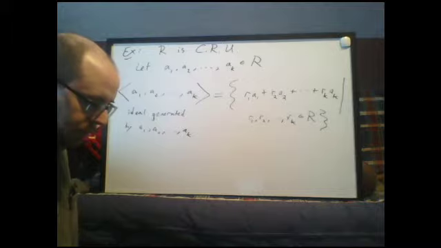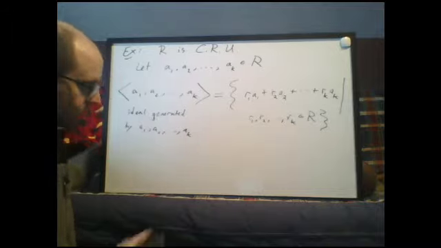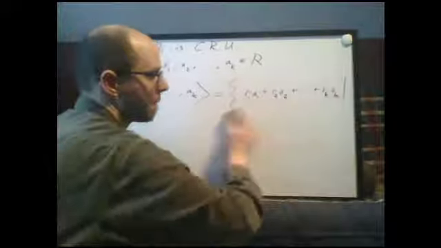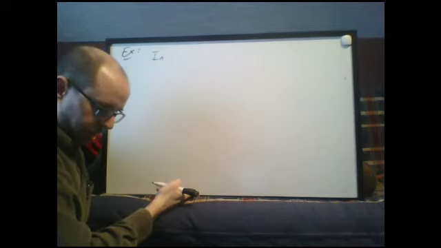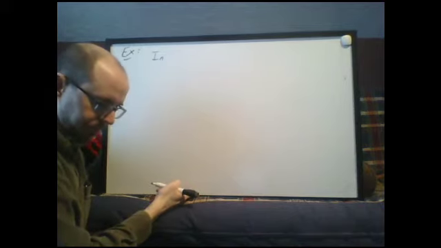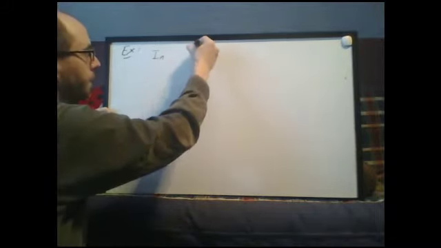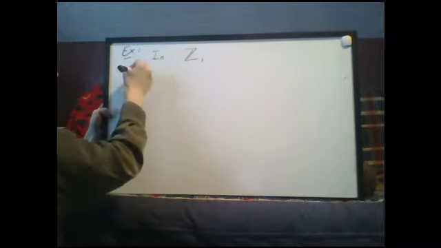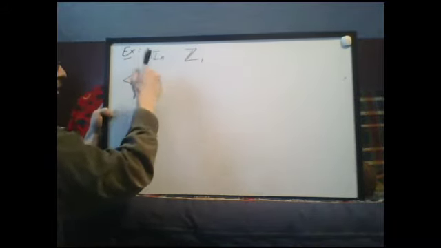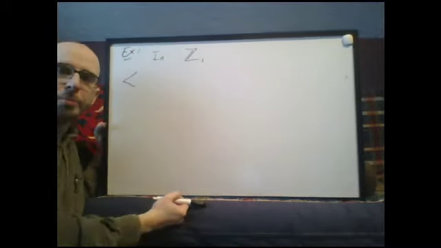So let's look at a couple examples. So in the integers, let's take the ideal generated by two separate integers.